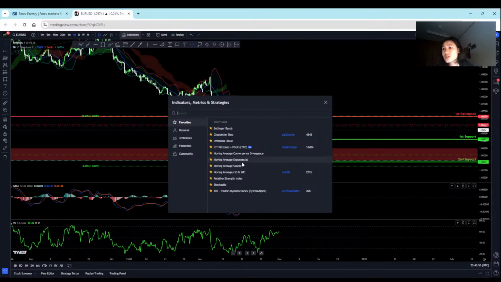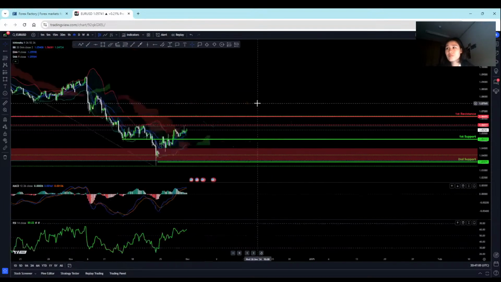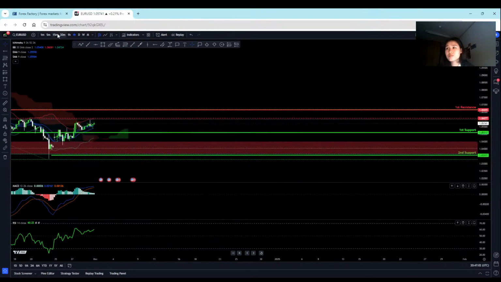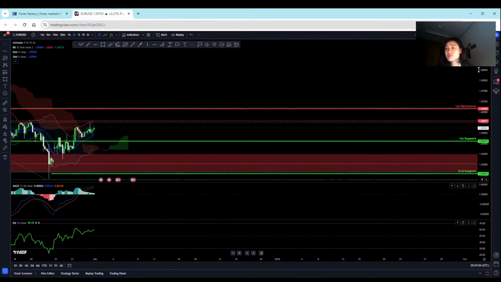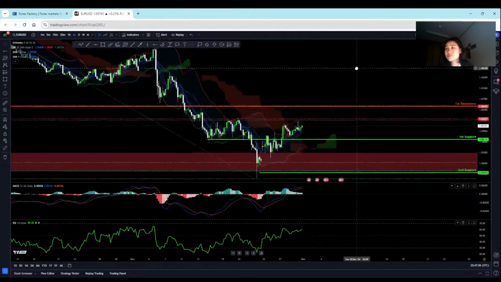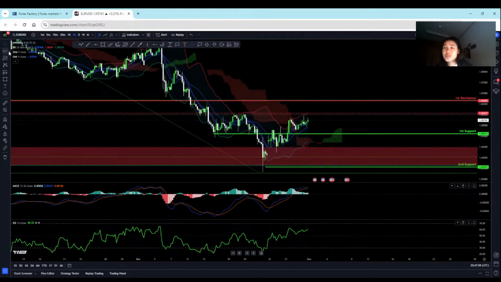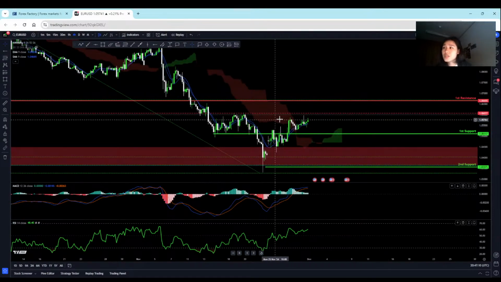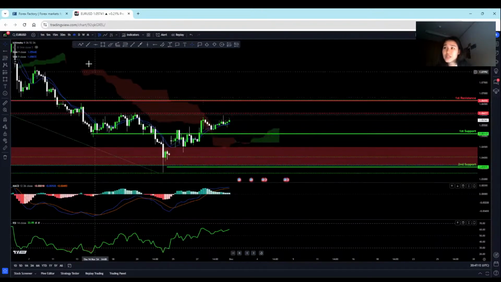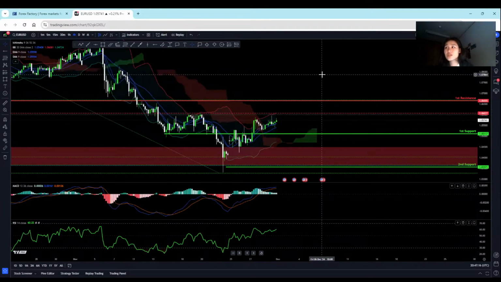Let's look at our moving averages. You can see prices moving above our indicators as well. So that also supports our analysis.